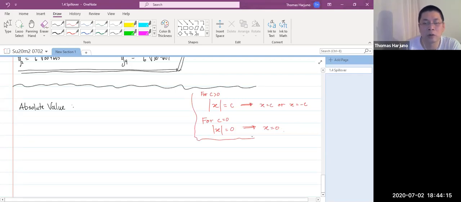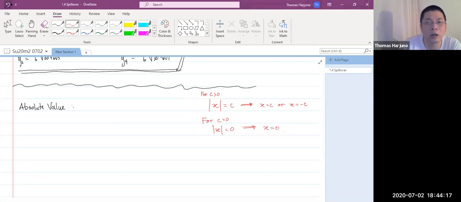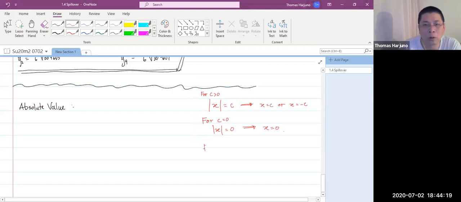And for the constant to be negative, absolute of X equals a negative number leads to no solution. Okay, that's what we had yesterday.